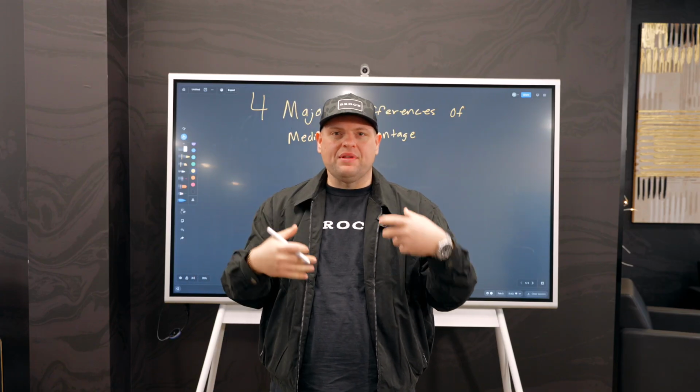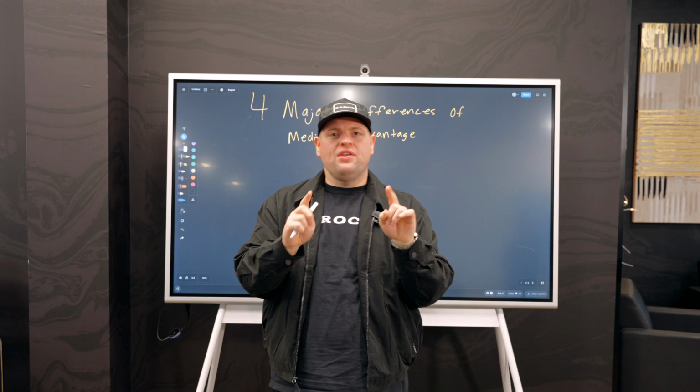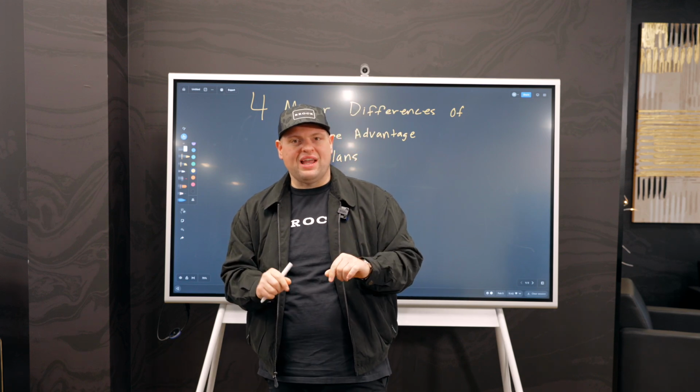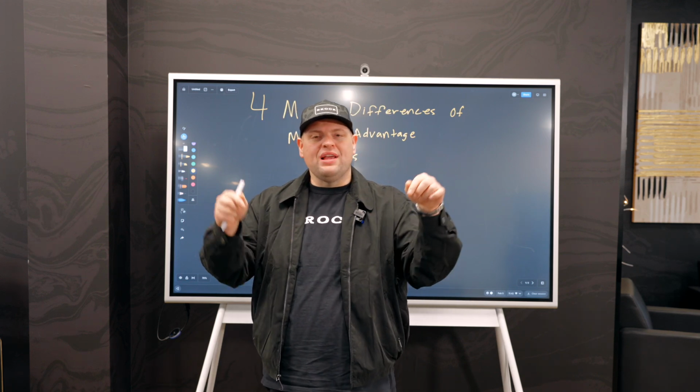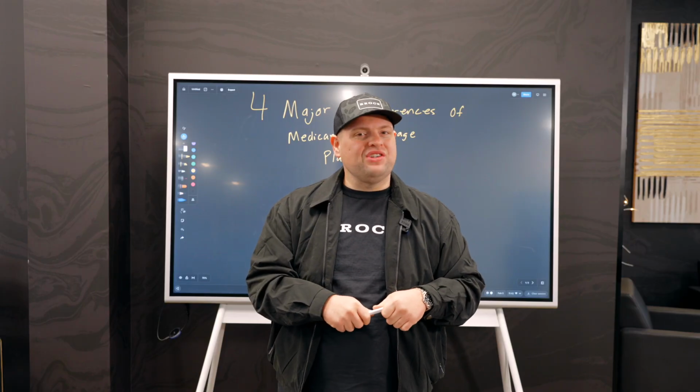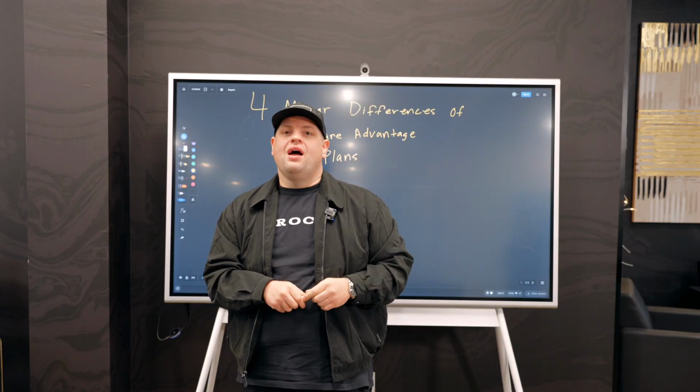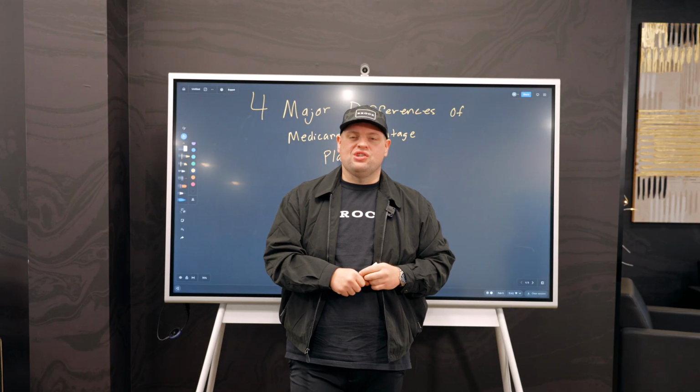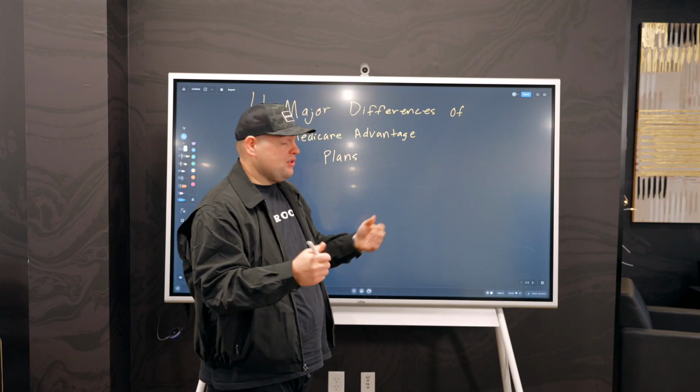There's lots of things that come into play finding the right plan for you, so nothing beats talking to an experienced agent. If you want to do that, please follow the information in the video description below. We have agents that would love to talk to you right now about these Medicare Advantage options. And there's other options too.